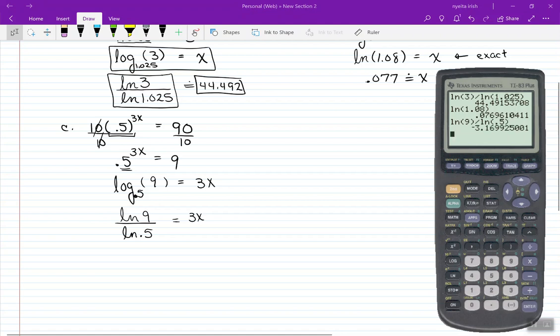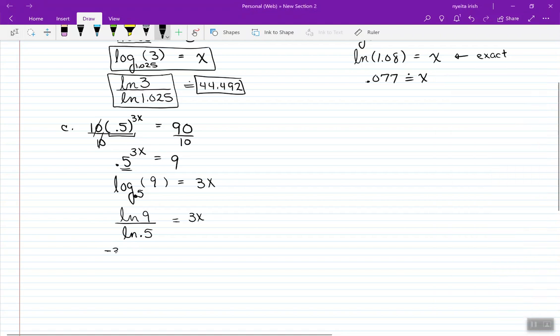I'm touching my calculator, which means I'm now getting a decimal approximation. Now I'm going to come back here and get my exact value in a moment, but my decimal approximation, I'm going to again leave all those digits on the screen, but only write down a couple here so that my instructor knows what I'm talking about. This is negative 3.16992, I believe. A bunch of other digits behind it.